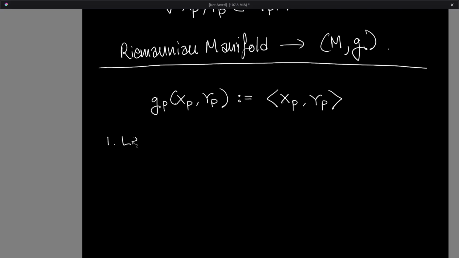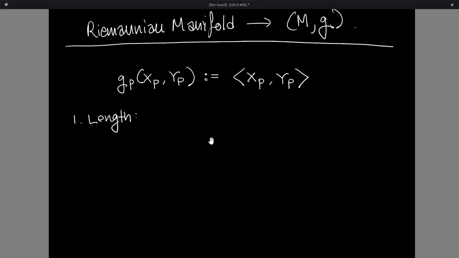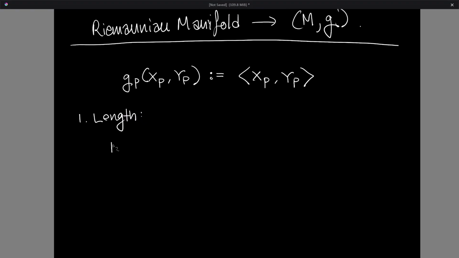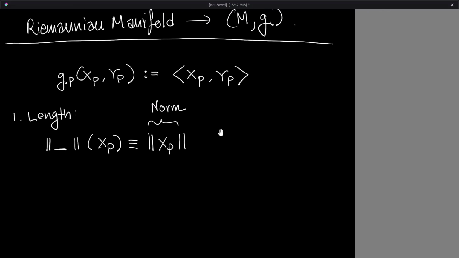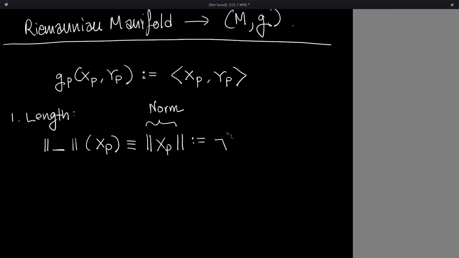So firstly, let's define length. Length is this function, double bar around a vector X_p, which is also called the norm, and we basically define it as the square root of g_p(X_p, X_p).